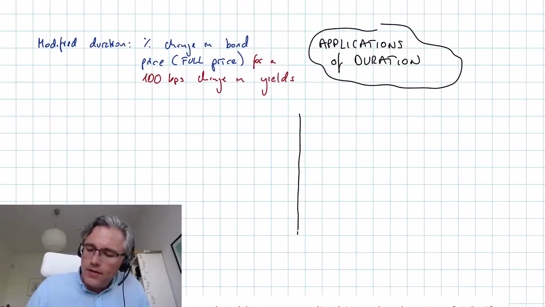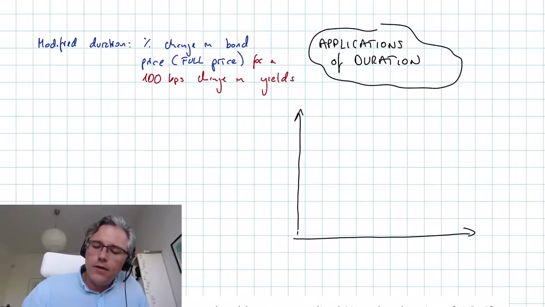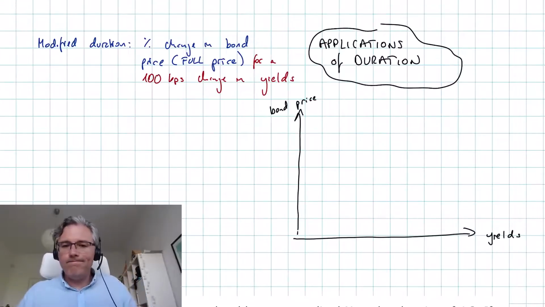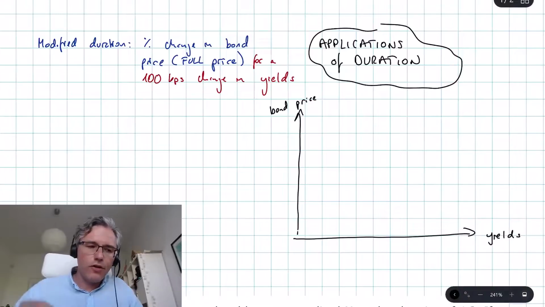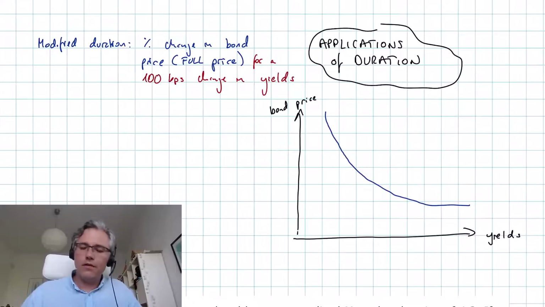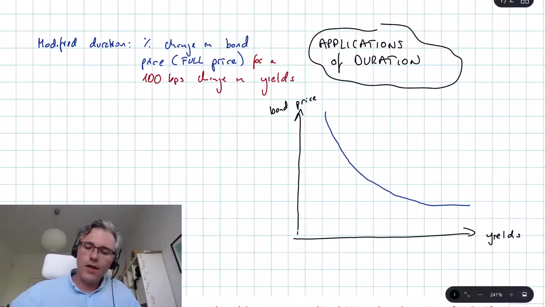Let's draw a simple chart where we will have on the one hand bond price, and on the other hand yields. And as we hinted before in a much earlier lesson, the relationship between the two is inverse, but it's not linear. It's a convex curve. Okay, that's more or less convex.